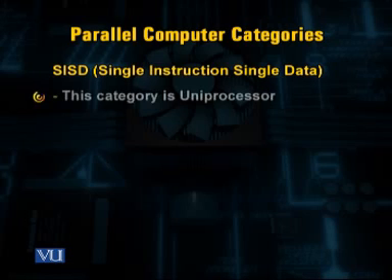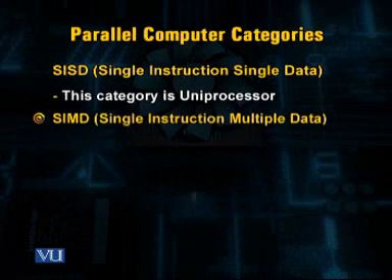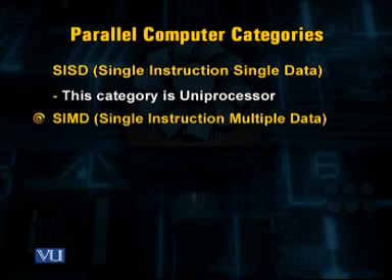SISD. This category is indeed the uniprocessor category. That is, there is a single instruction and single data stream available which can be executed or processed on a uniprocessor. The second category is referred to as single instruction, multiple data.